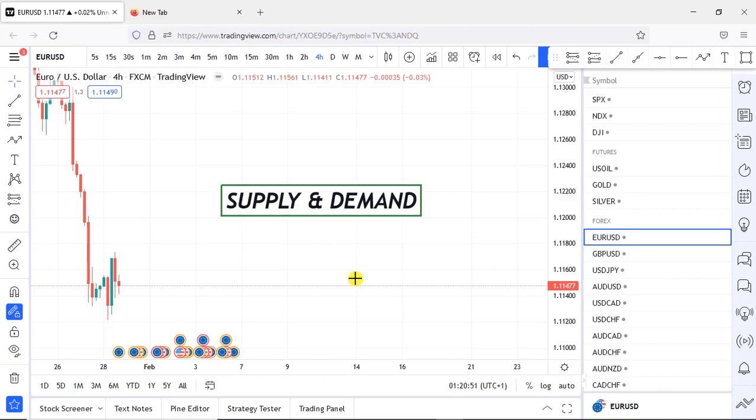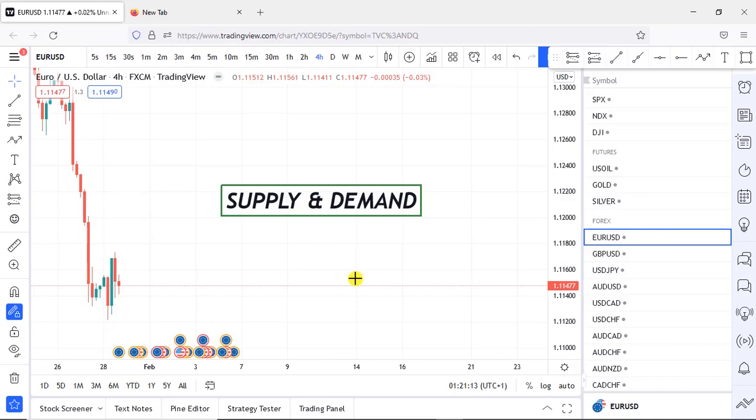So put simply, what is a supply and demand zone? Supply zones are areas in the market that these big players are selling from. What it simply means is that these big players are patiently waiting at these areas to supply or sell stocks or currencies to the market.